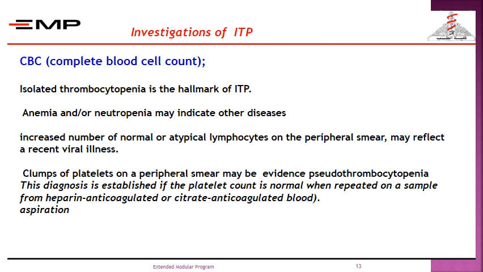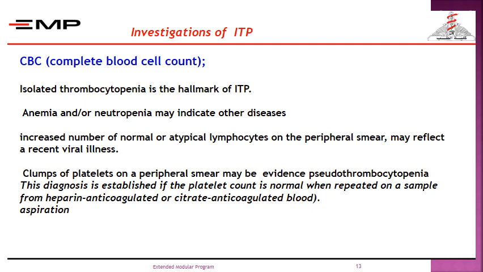Anemia and/or neutropenia may also be present, and indicate other disease. It means anemia may be due to bleeding, and neutropenia may be found as an association with other diseases, like leukemia, or autoimmune neutropenia.